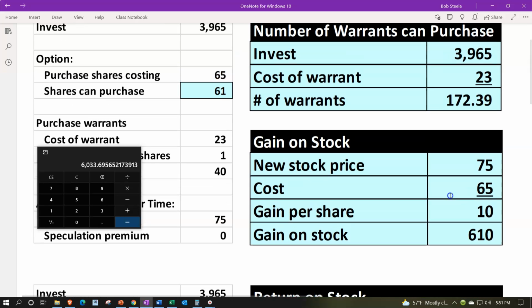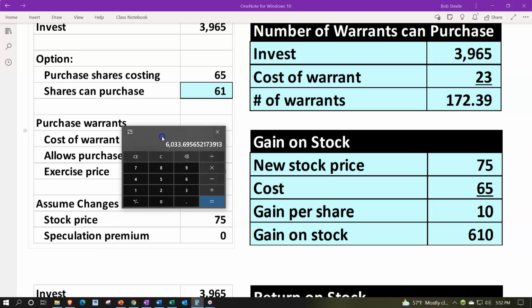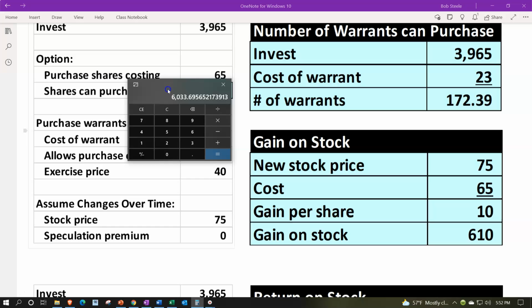Once again, remember that if you did the same kind of comparison and you were to compare, say, one warrant to one stock, then it's going to be difficult to compare the dollar amount changes because you will have then different costs for the warrant than for the stock. The warrant only costing $23, where the stock is costing the $65.